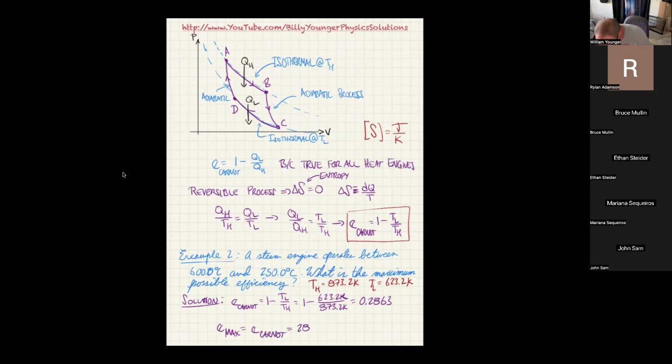Now I need to look at how many sig figs 623.2 over 873.2 had. 623.2 divided by 873.2 gave me 0.713. That's 4 sig figs, so I should actually have 4 decimal places.